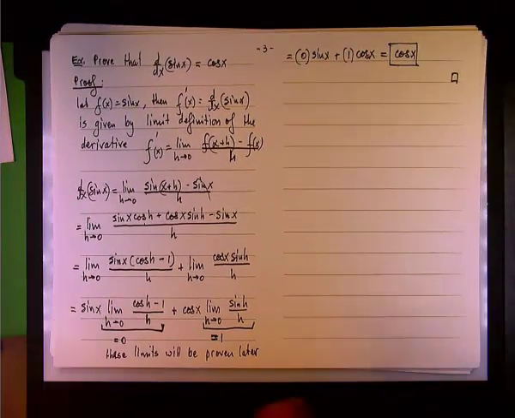So, when we come down to it, we have sine x times 0, and then we have cosine x times 1, and that's the result, cosine x. Okay? And that completes the proof. Now go ahead and back to your question, Jim.